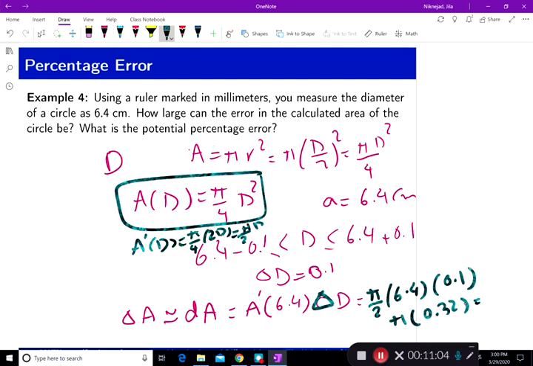Now, the next part is we want to find the potential percentage error. We can calculate it using our calculator. We divide that by the measured area, which would be plugging in 6.4 in the area formula. And then we get the percentage error.